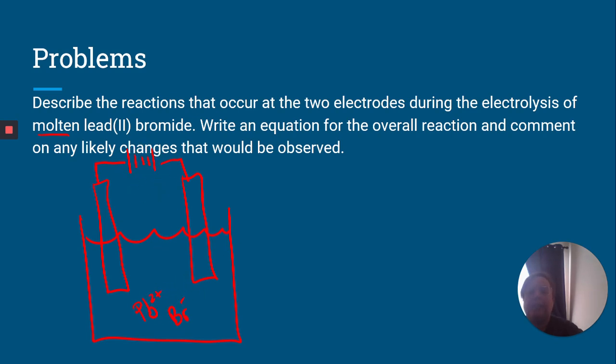And so the positive, remember, is going to be attracted to the cathode, which is where reduction takes place, which means it has to gain electrons. And so we have Pb2 plus gaining 2 electrons so that the charges will balance, and then we have our lead.